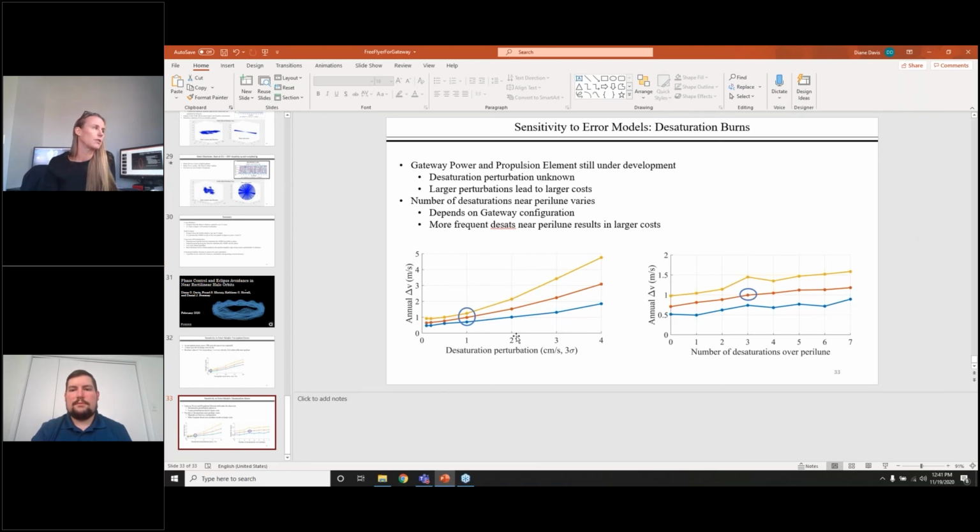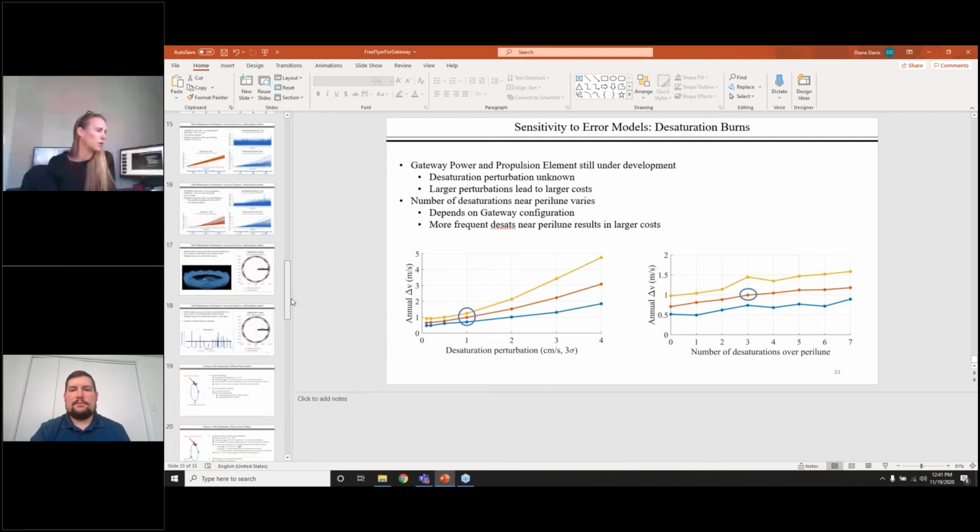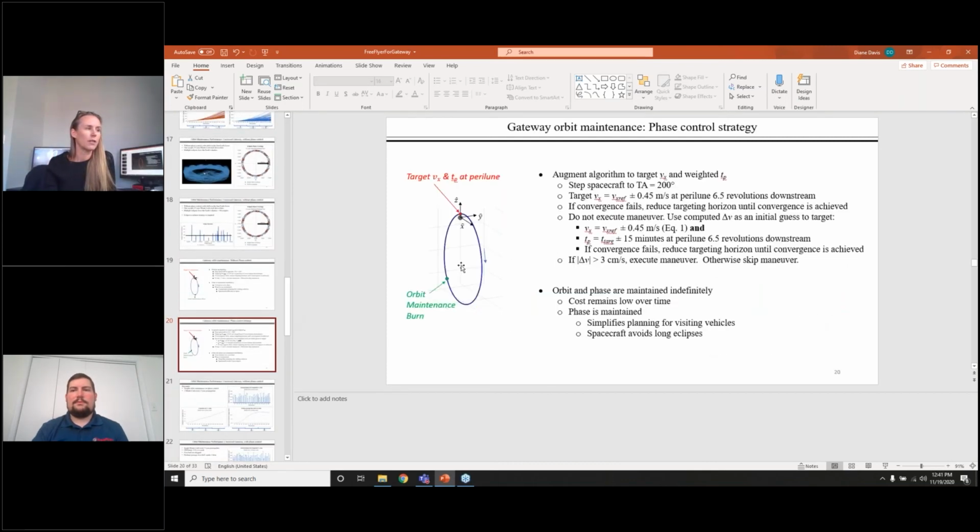So what we do is, when we're targeting, let me back up to a picture. When we're targeting the burn, we do the targeting using the impulsive maneuver modeling in FreeFlyer because it's simpler to execute. And then we convert that to a finite burn using just the rocket equation to get a maneuver duration, for example.